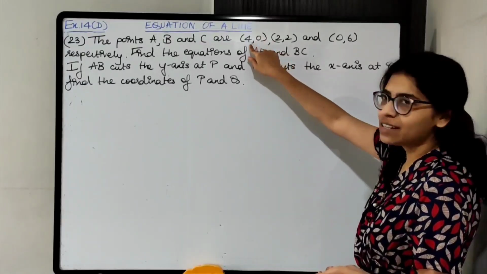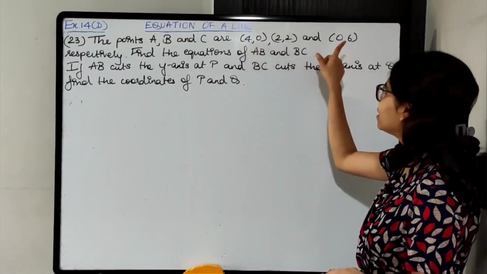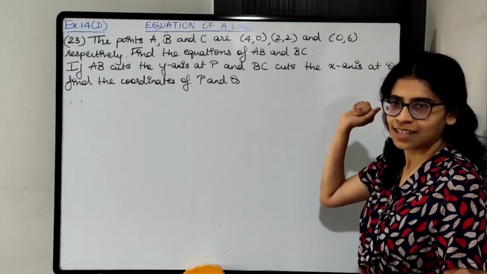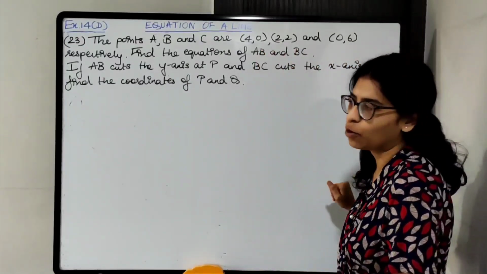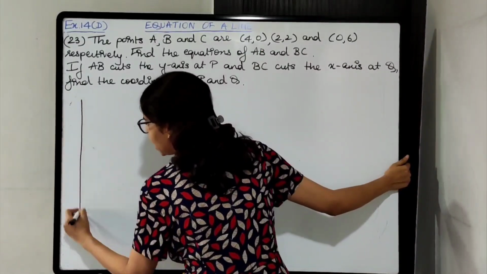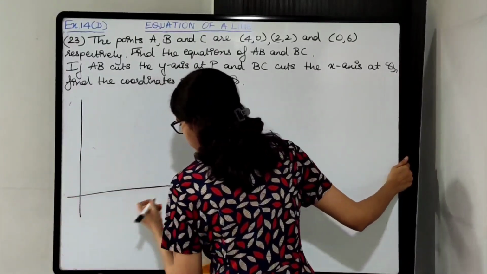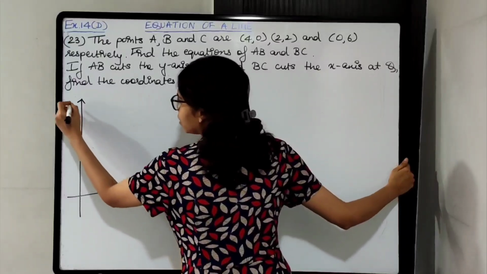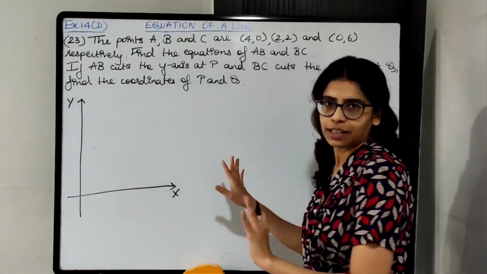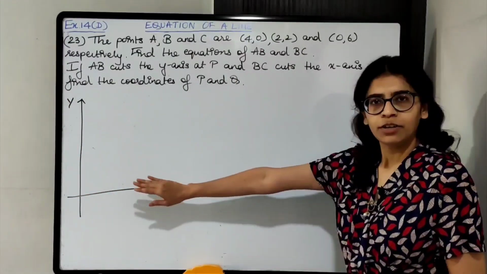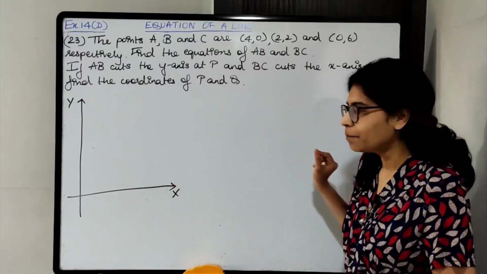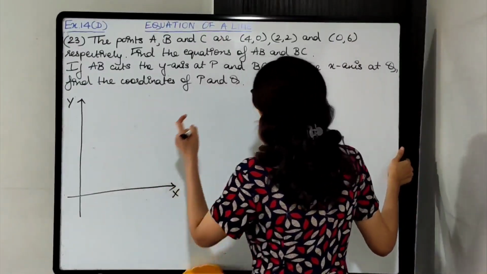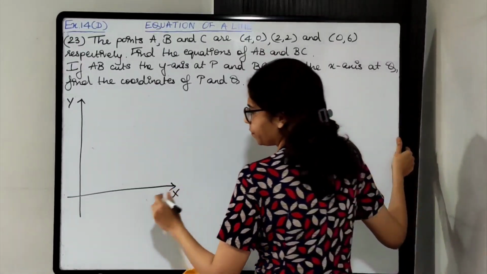So A is lying on the x-axis and C is lying on the y-axis. So let's draw the 3 points. For that, draw the axis. Now I'll be drawing a rough diagram. If you want, you can draw properly with proper plotting. So A is (4, 0).